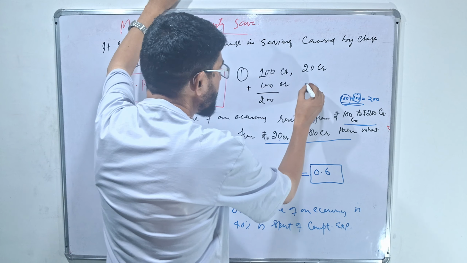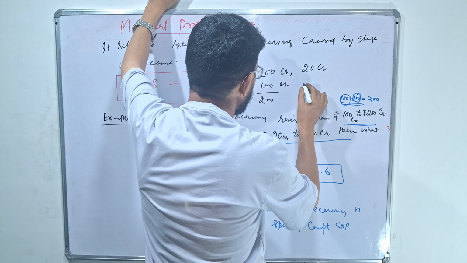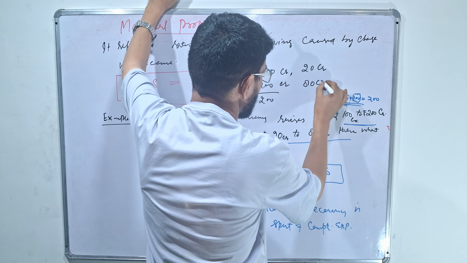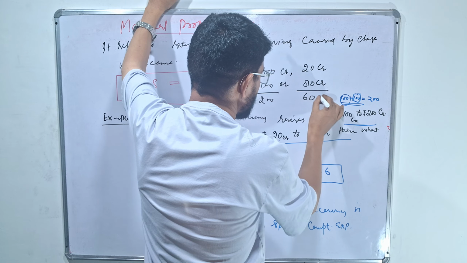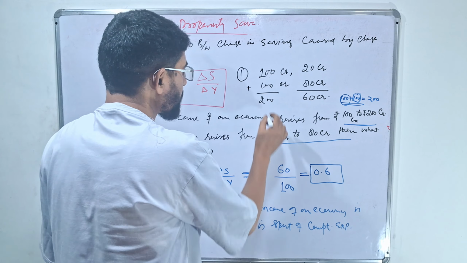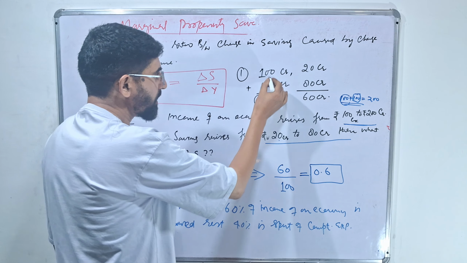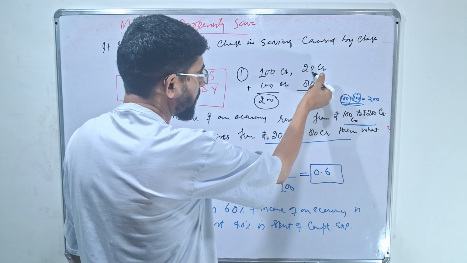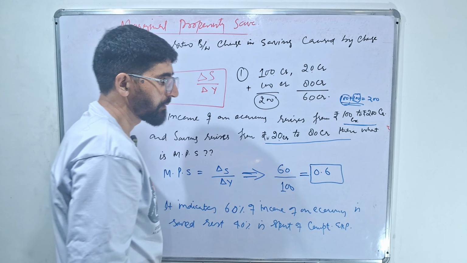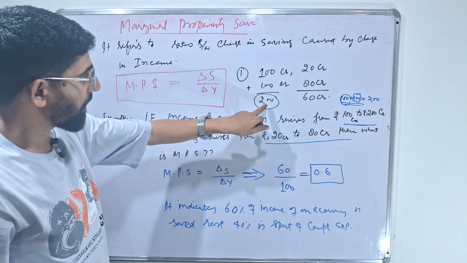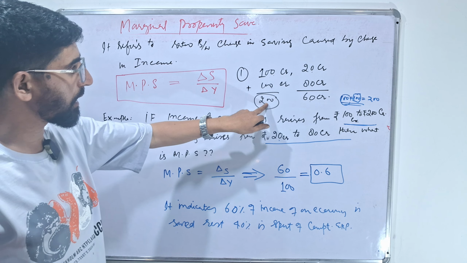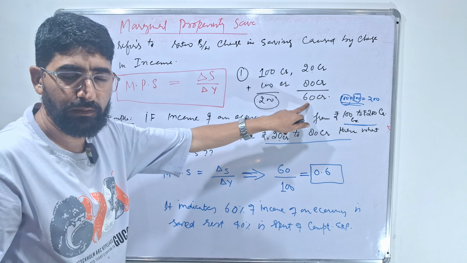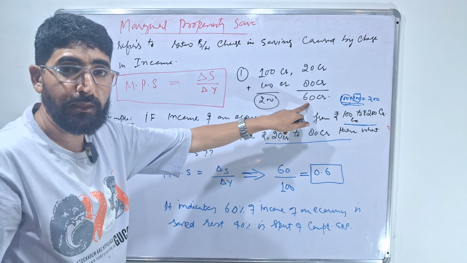This leads to an increase in saving from 20 crore to 80 crore, that means 60 crore. It shows us an increase in income from 100 to 200 leads to saving rising from 20 to 80 crore, means 60 crore. Means an increase of 100 crore leads to a 60 crore increase in saving.